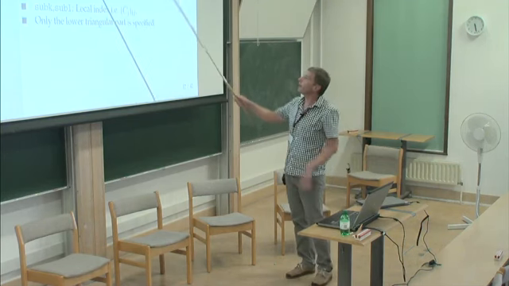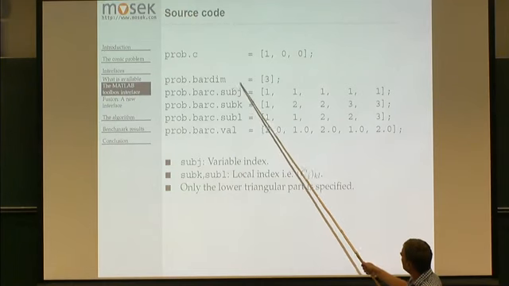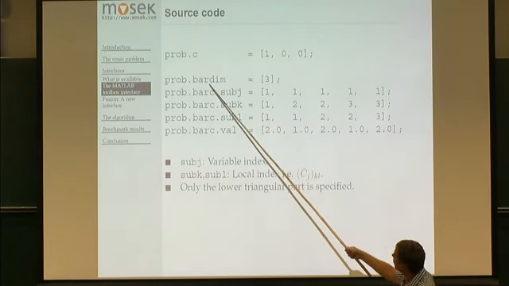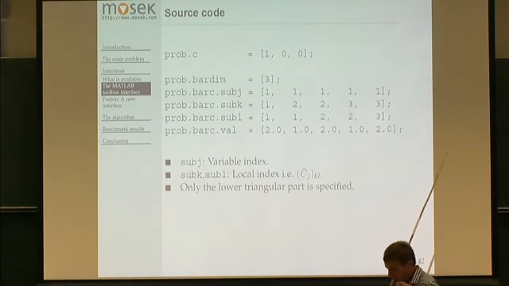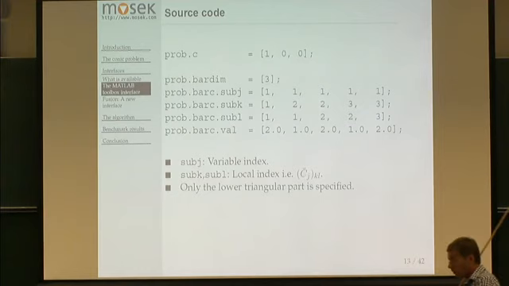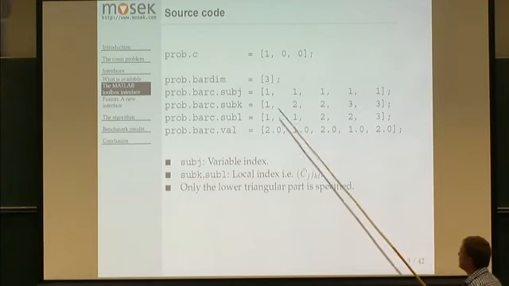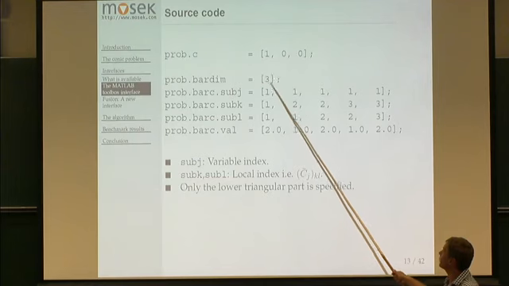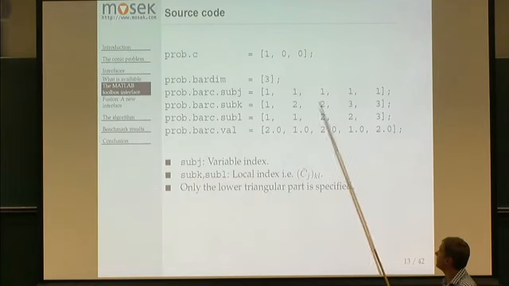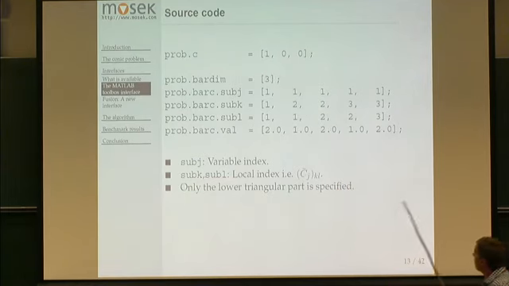And so that's what you have here. This is a vector where you tell the dimension of your symmetric matrix variable. In this case, we have one symmetric matrix variable of dimension 3. So that's why this is a vector of length 1 and the first element has the value 3.